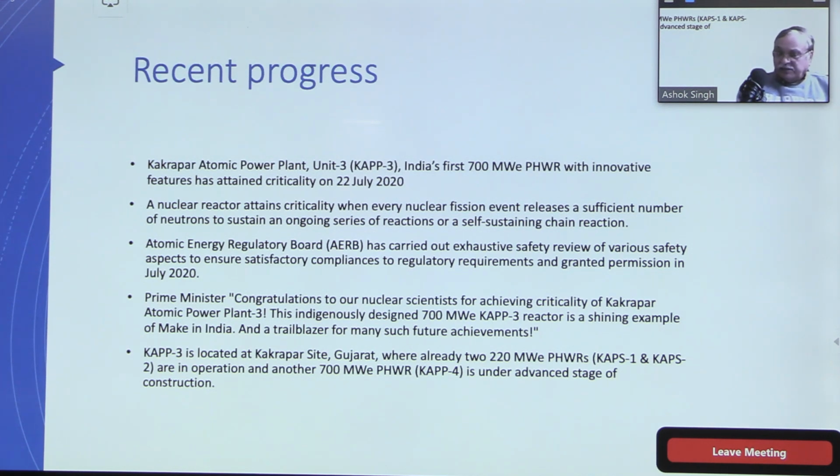Now, the term critical is often used in nuclear reactors. Let's understand this term. A nuclear reactor is said to attain criticality when every nuclear fission event releases a sufficient number of neutrons to sustain a self-sustaining chain reaction. That means it will continue after that. We don't have to intervene or interfere. Then it is said to become critical. So critical essentially means it now has a self-sustaining chain reaction.